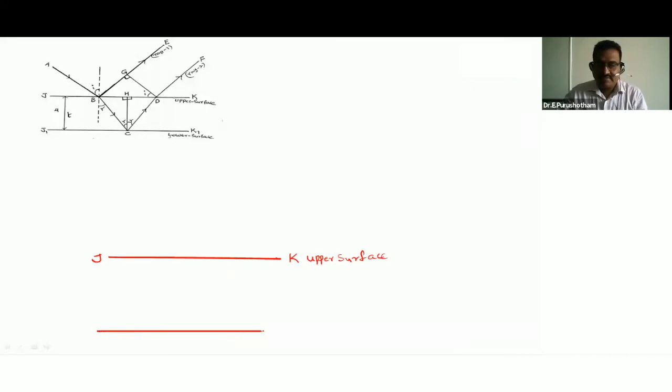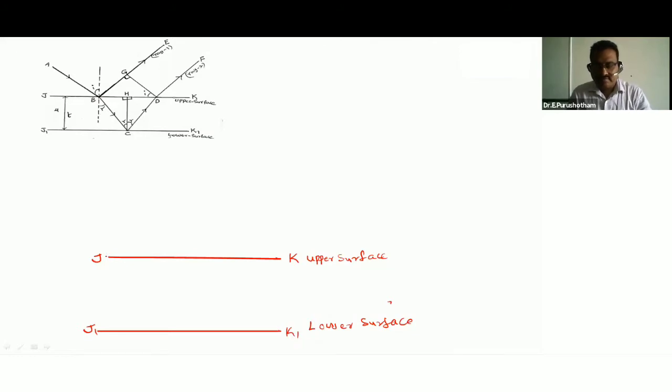This is the lower surface. This is J1, K1. This is the lower surface.